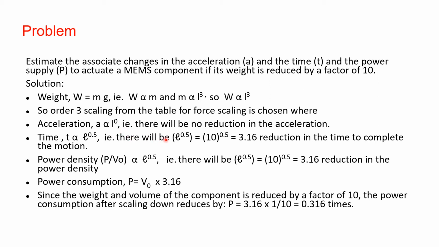That means that there will be no reduction in the acceleration, or the acceleration will have no change. Whereas time is proportional to L raised to 0.5. Here in this case, L is equal to a factor of 10. So 10 raised to 0.5, there will be 3.16 times reduction in the time to complete the motion.